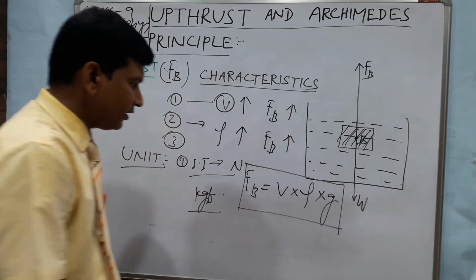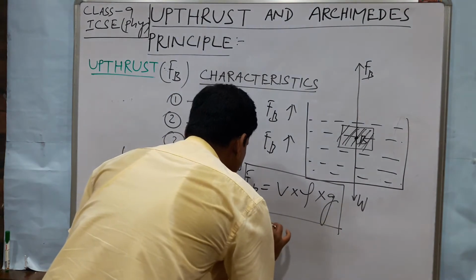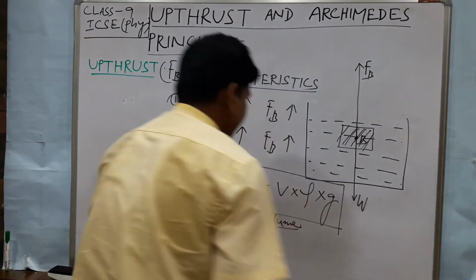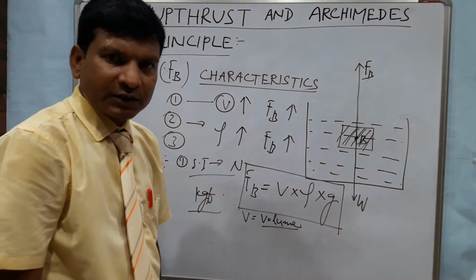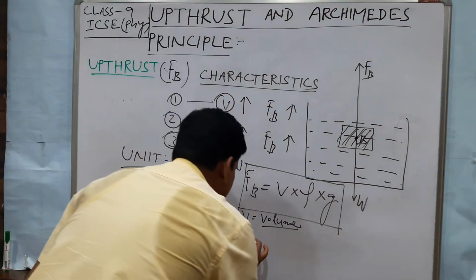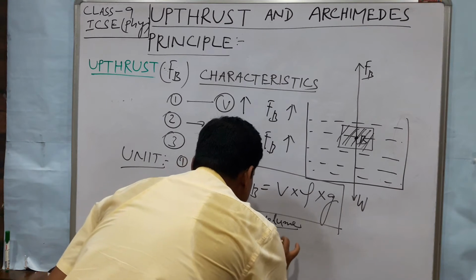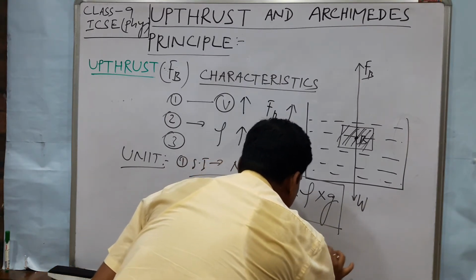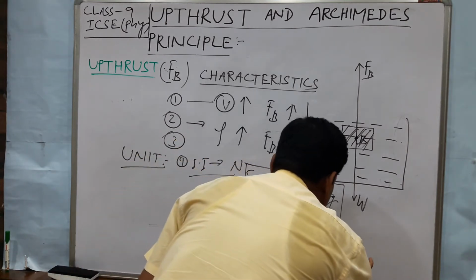Here V stands for volume. Volume of what? Volume of the submerged part of the body, rho stands for density, and g stands for acceleration due to gravity.